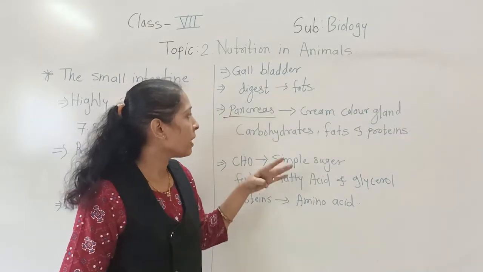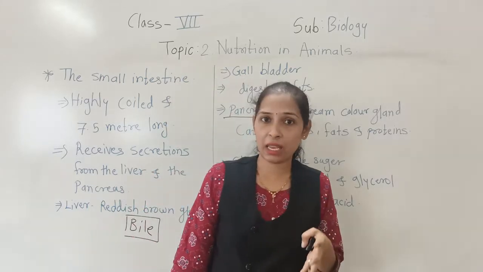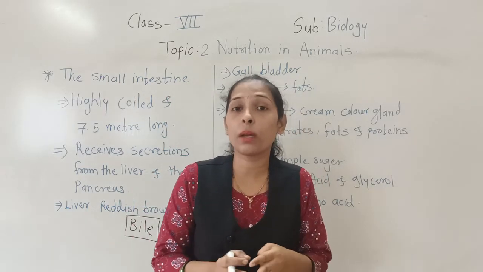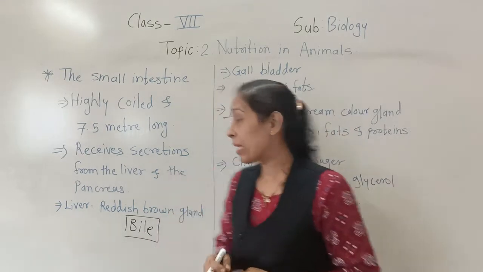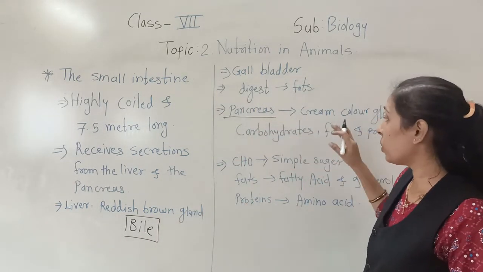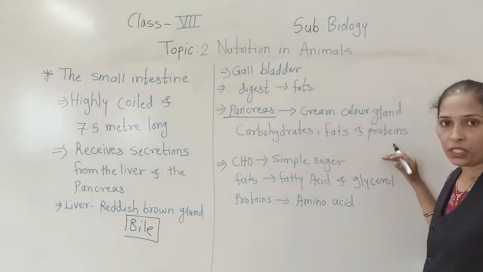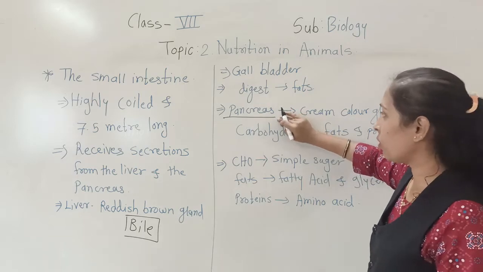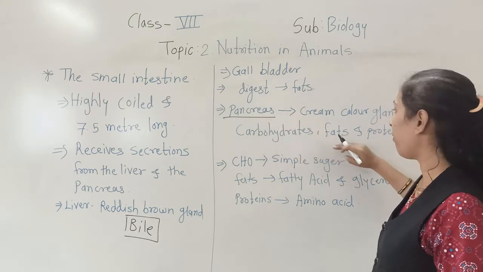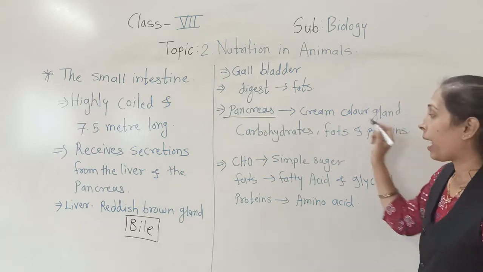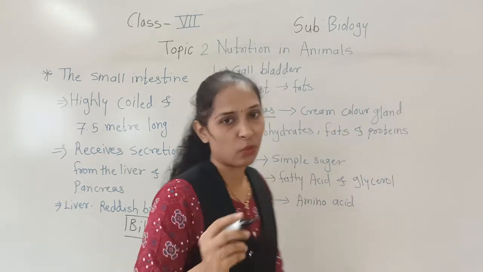The pancreas secretes different types of enzymes, or we can say the digestive juice or the pancreatic juice. The pancreatic juice acts on the carbohydrates, fats and proteins and converts them into a simpler form. Okay, into a simpler form.